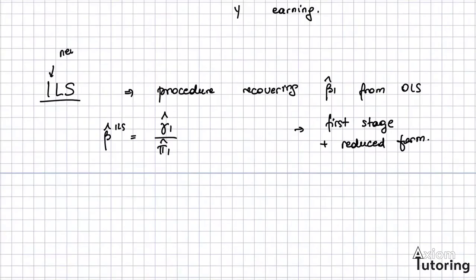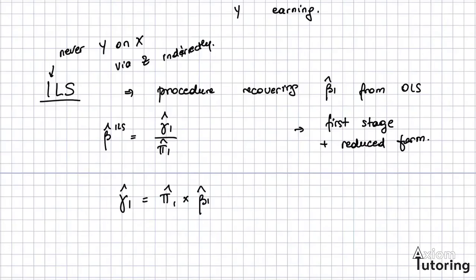So never Y on X, because that would be useless when X is endogenous, but we go via Z indirectly, okay? To recover the causal effect. And because gamma 1 hat is actually pi 1 hat times beta 1 hat, dividing through by exactly pi 1 gives back the beta 1 exactly.